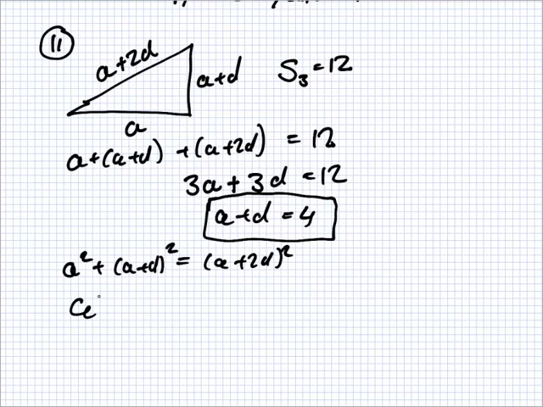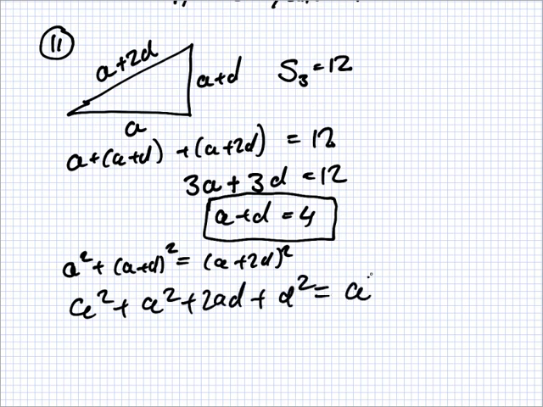I get a squared plus 2ad plus d squared equals a squared plus 4ad plus 4d squared. Right, what can I cancel? I can cancel one of the a squareds here with one of them here.